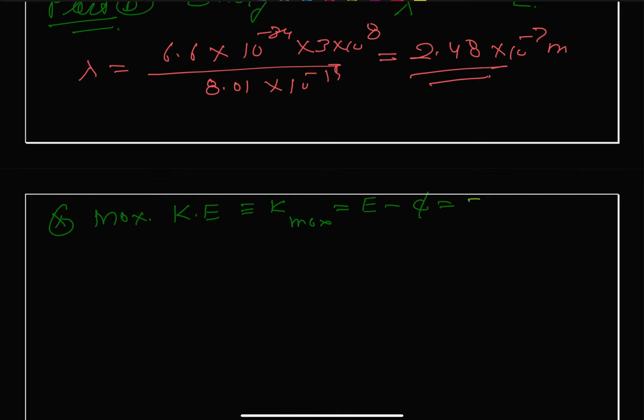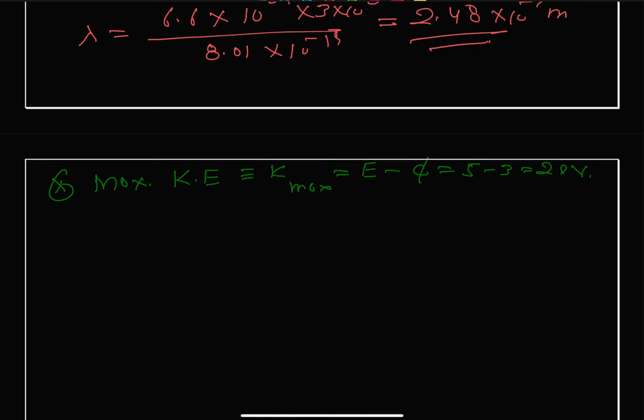Energy is 5 minus 3, giving us 2 electron volt, and converting into joules, we get maximum kinetic energy equal to 2 into 1.6 into 10 to the power minus 19, which gives us 3.2 into 10 to the power minus 19 joules.